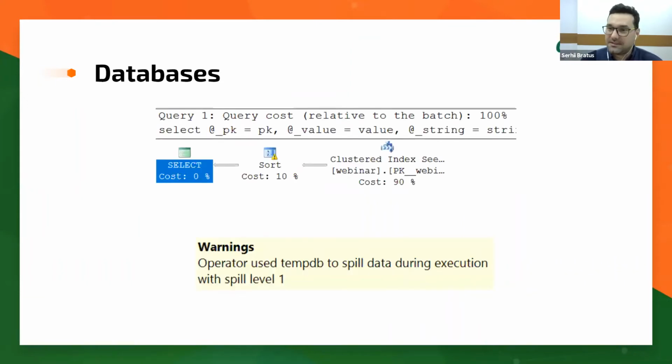If we see what the mark is stating, it shows us different data, with a warning that the operator used tempdb to spill data during execution with spill level 1, which means that sorting happened not in memory, but we needed to use the temporary database to do the sort for that query. Since memory operations are much cheaper than operations with the hard drive, now we know where we get the latency from.